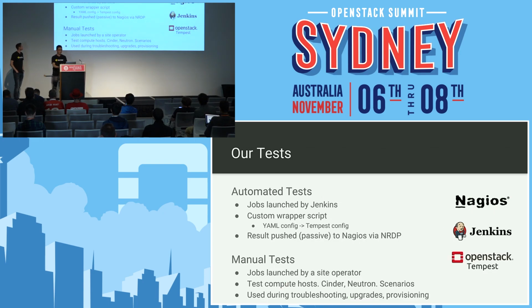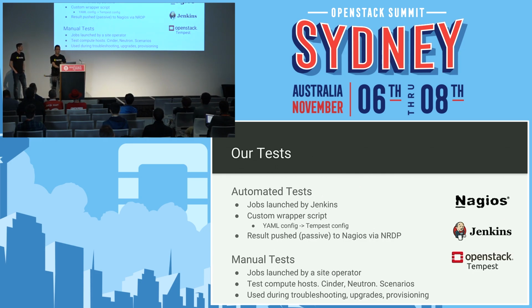So we have two tests. Automated tests would be jobs that are launched by Jenkins. This has a custom wrapper script around it. At the back end, we run Tempest, but generating a Tempest config is a bit of a hassle, and we have different sites with a lot of compute hosts.